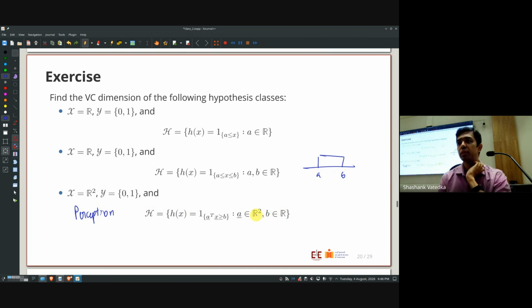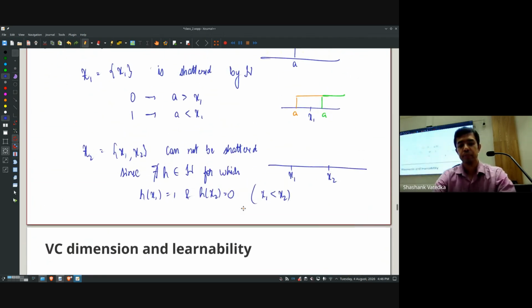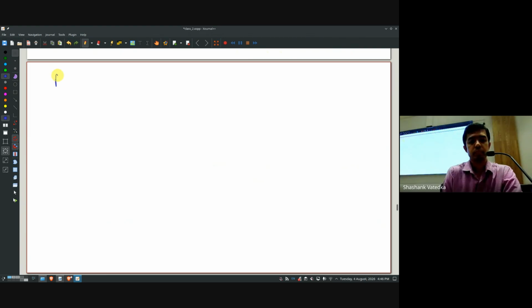In fact, I'll give you what the VC dimension should be. In this case, the VC dimension is equal to 2. And in this case, the VC dimension is equal to 3. In general, let's assume that X, the feature space, is R^d.